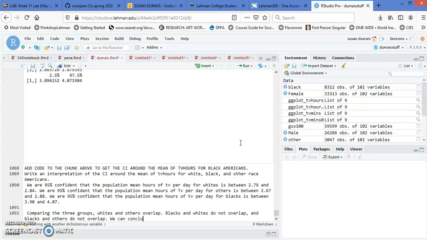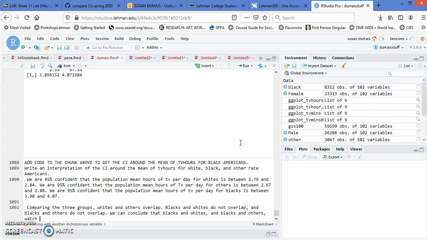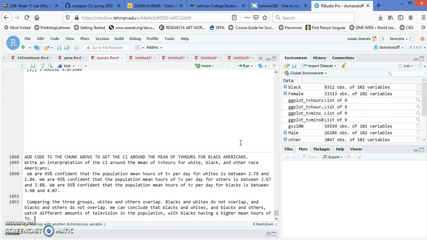We can conclude that Blacks and whites and Blacks and others watch different amounts of television in the population, with Blacks having a higher mean hours of TV.